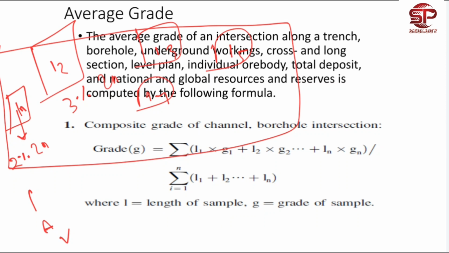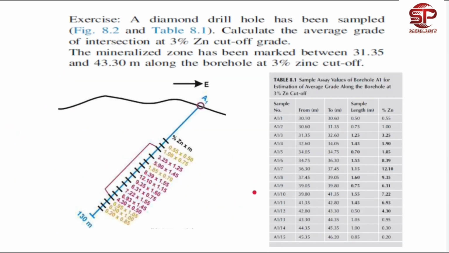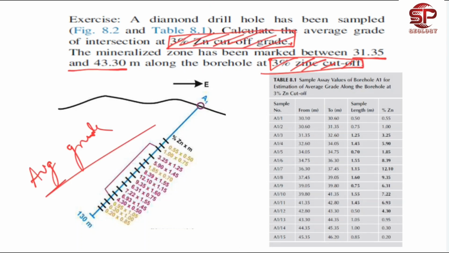Based on that, solve this question and tell me the average grade. So basically, you have to multiply these things and divide by this thing.